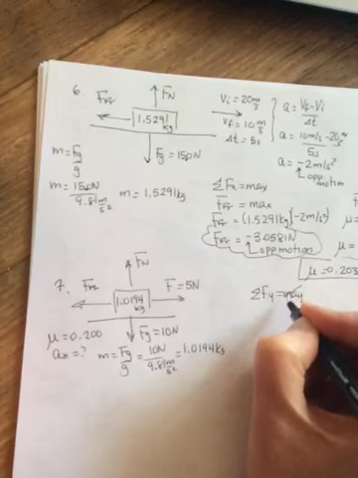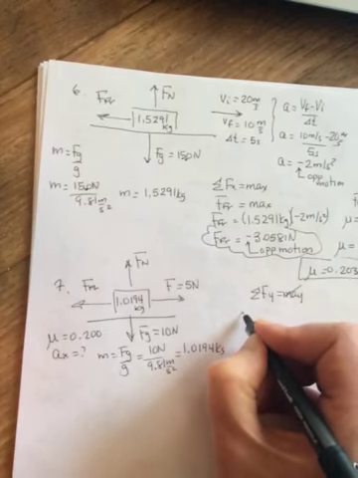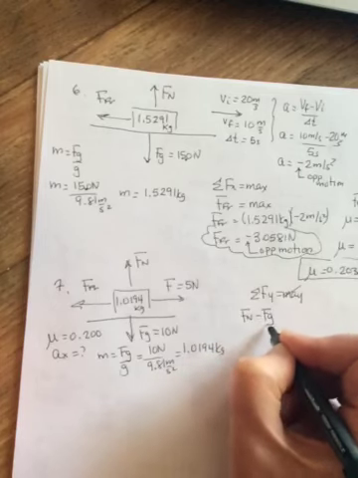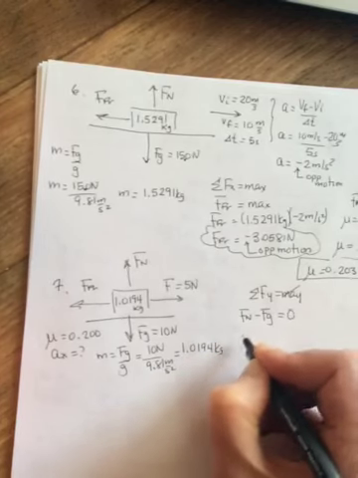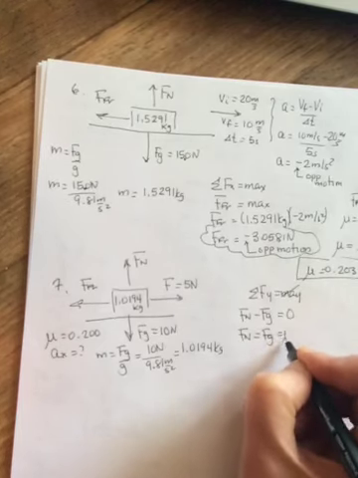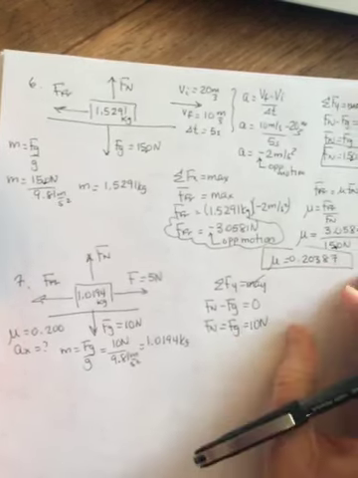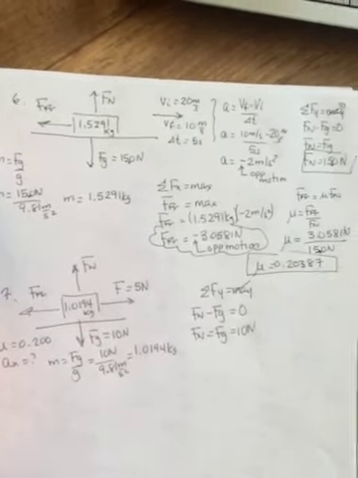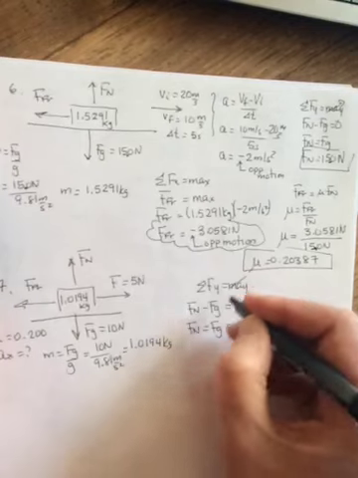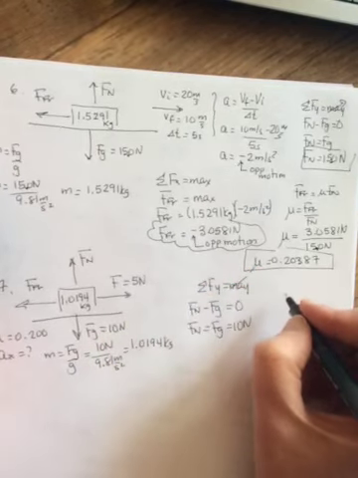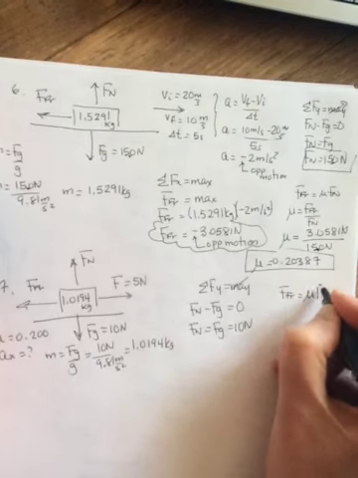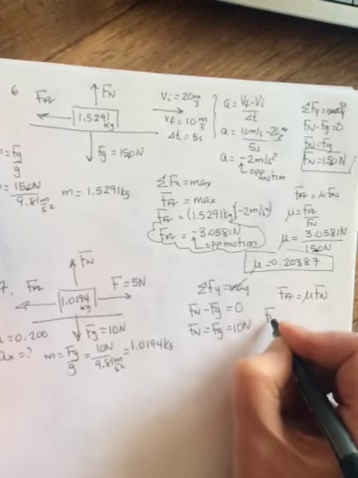This object is not moving in the y direction, so may is 0. We have Fn going up, Fg going down, so it goes in as a negative, equals 0. So Fn equals Fg equals 10 newtons. And I know that's a pain. I promise that in the next video, we're going to spice it up, and so you'll understand why I was doing this.